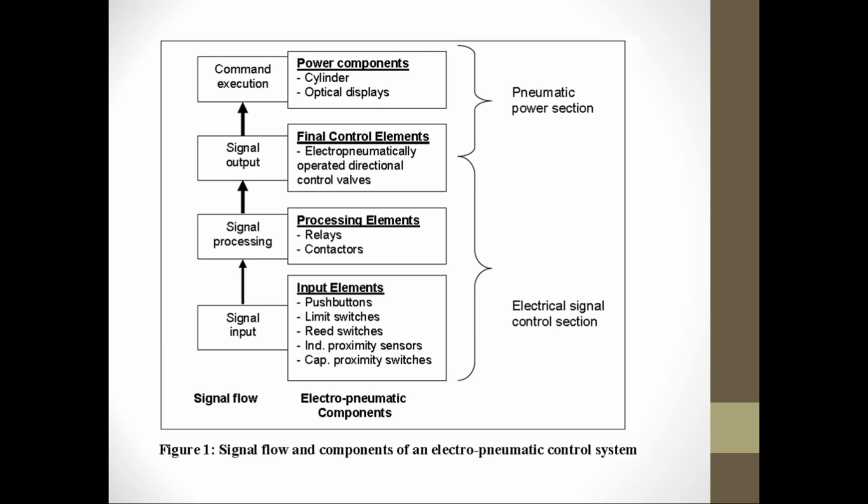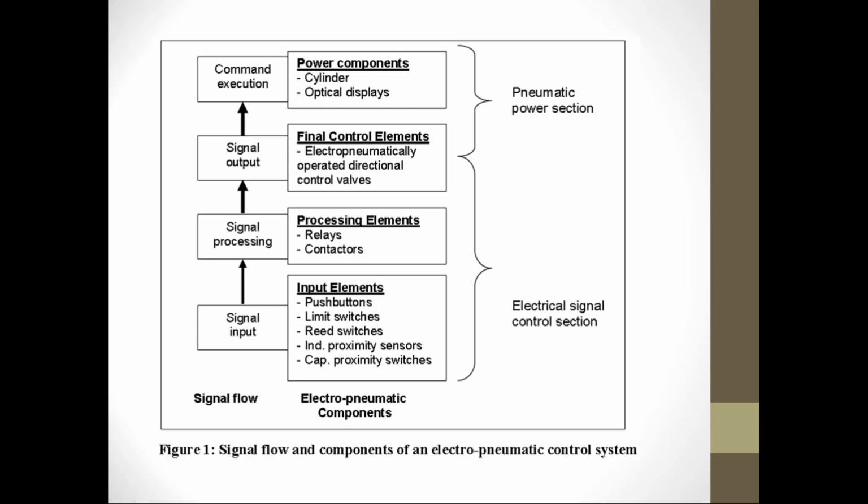Once the directional valves are turned on, it will allow the passage of air from the compressor or compressed air source going to the final elements, which are the pneumatic cylinders.